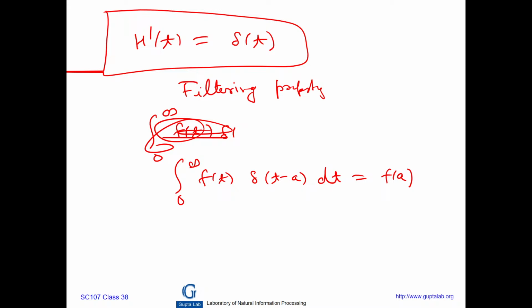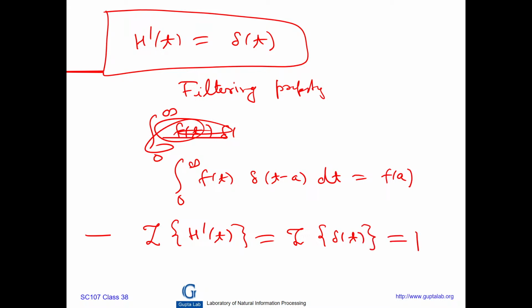Okay, so now keeping these results in mind, Laplace transformation of h dash of t is Laplace transformation of delta t, which is 1. Similarly, Laplace transformation of t times f of t is minus F dash of s.